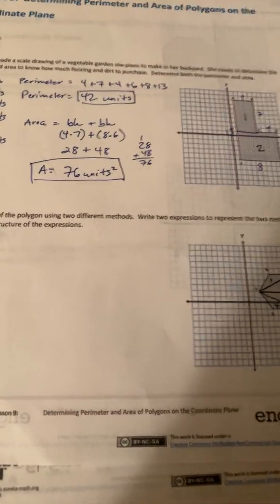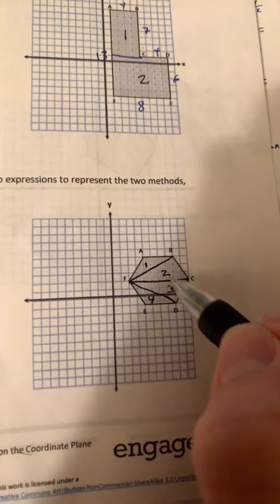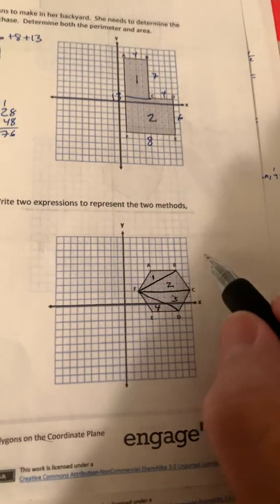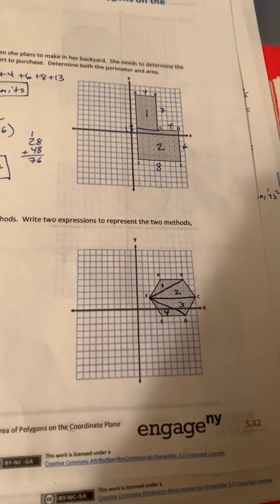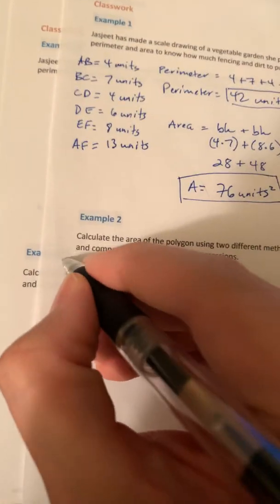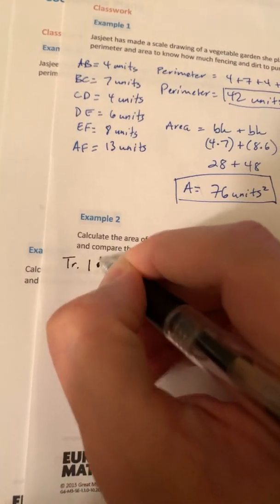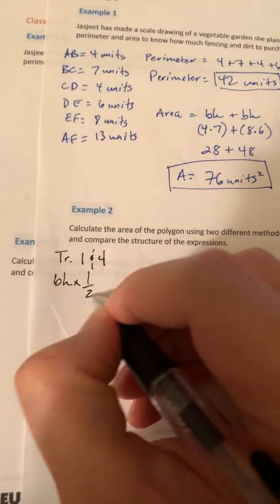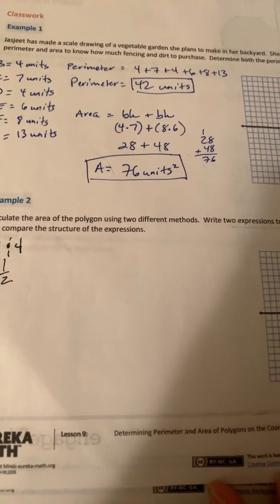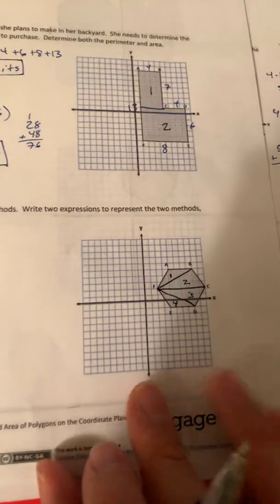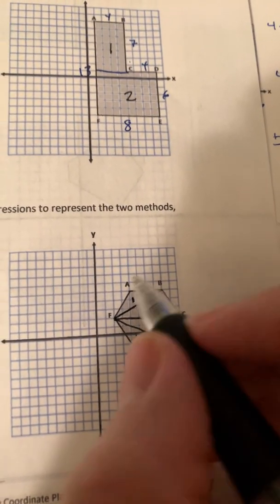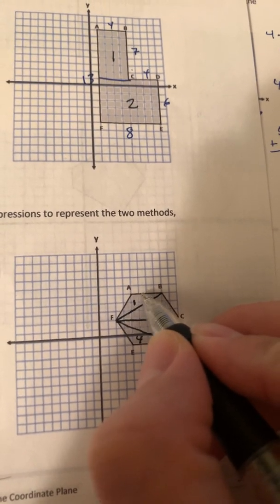Okay, so I'm going to go ahead and get started with this. Okay, I look at this and there's similarities that I notice here, that triangle 1 looks the same as triangle 4, and triangle 2 and triangle 3 look the same. So I'm going to focus on triangle 1 and 2, 1 and 4. Okay, and we're going to use the formula base times height times 1/2. So let's see what's the base of triangle 1 and triangle 4. Okay, so let's count 1, 2, 3, 4.